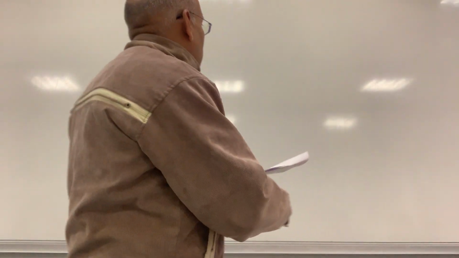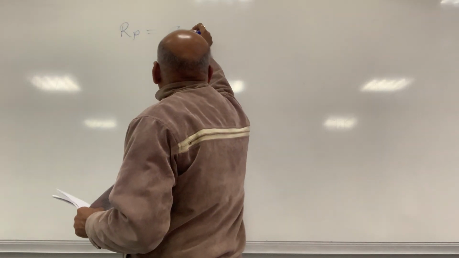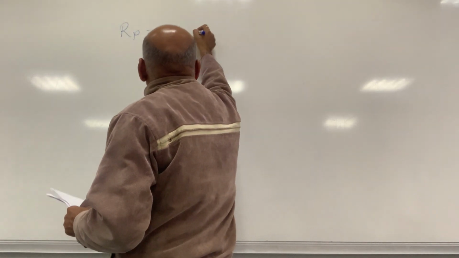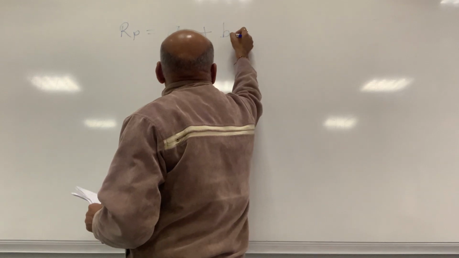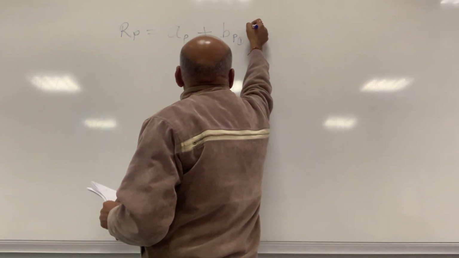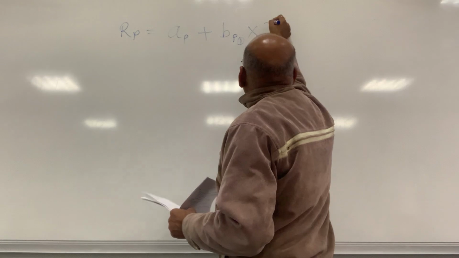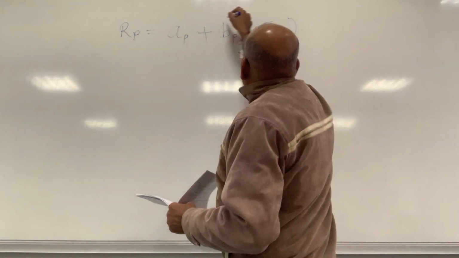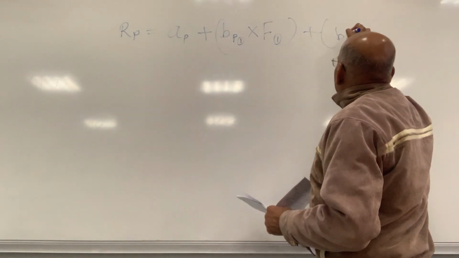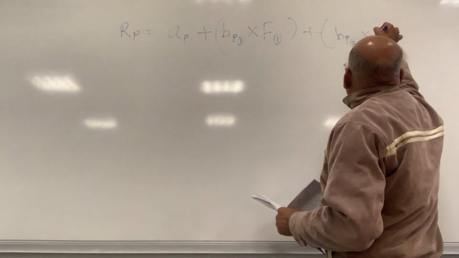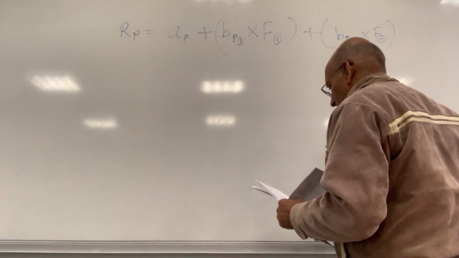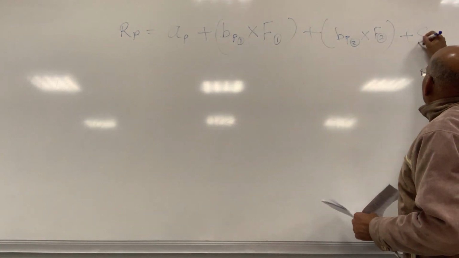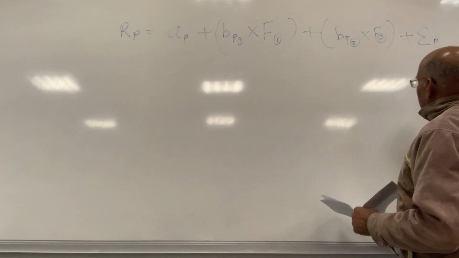I will tell you here the formula of the fundamental factor model. Again, RP equals AP, plus again BP1 multiplied by factor number 1, and again BP2 into factor number 2, and then again error term.